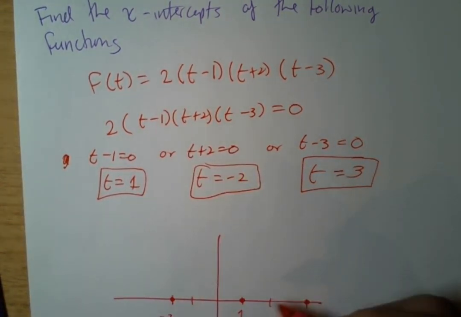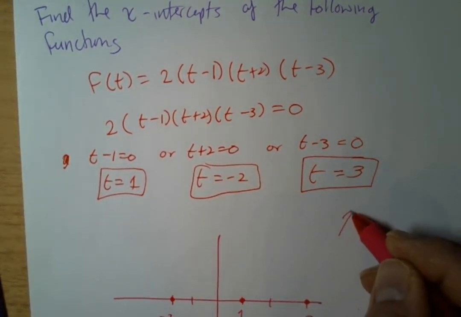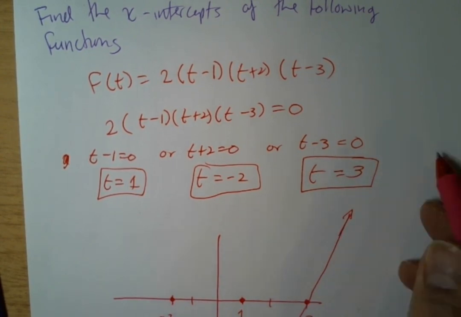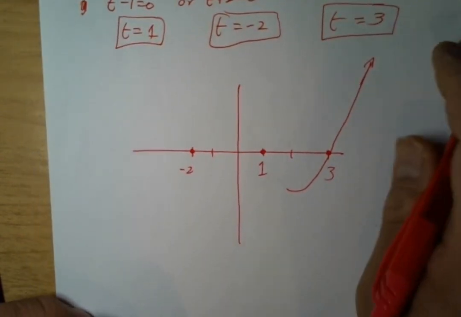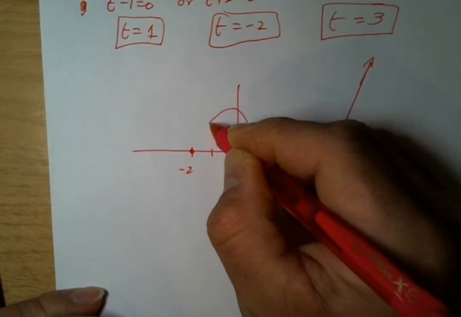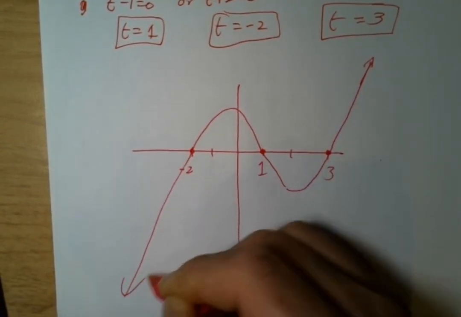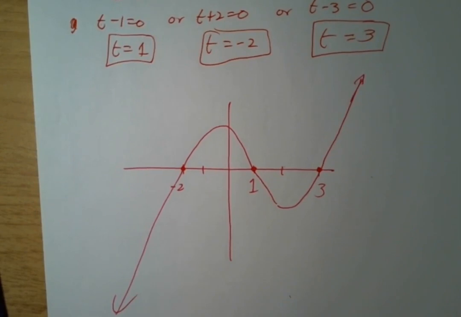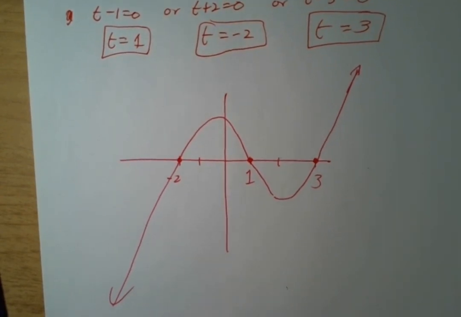So what that tells me is that the end behavior looks something like this when it goes towards positive infinity. And as x goes to negative infinity, the values of the function also go to negative infinity. So I do get a pretty decent sketch of this.